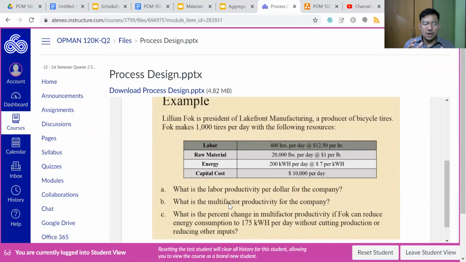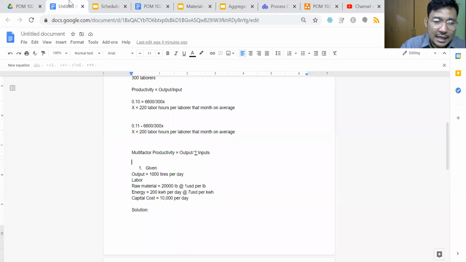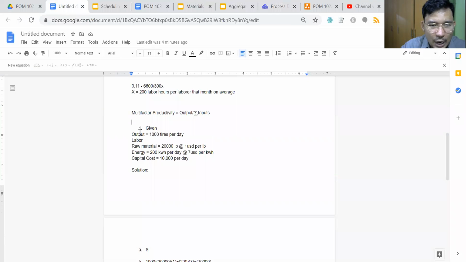Lillian Fock is president of Lakefront Manufacturing, a producer of bicycle tires. Fock makes 1,000 tires per day with the following resources. Output is 1,000 tires per day.